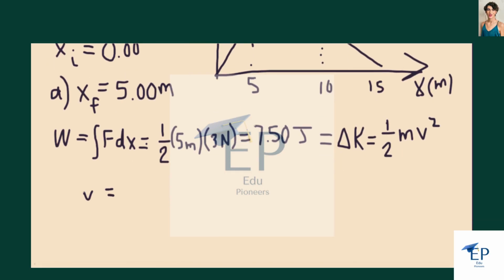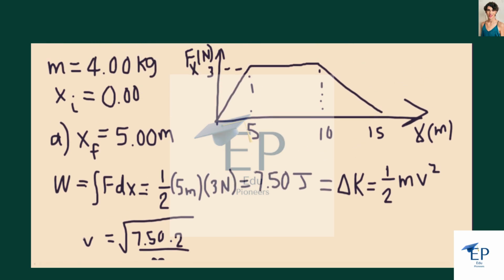So v is going to equal the square root of 7.50 times 2 over m. So I'm going to put that in a calculator.